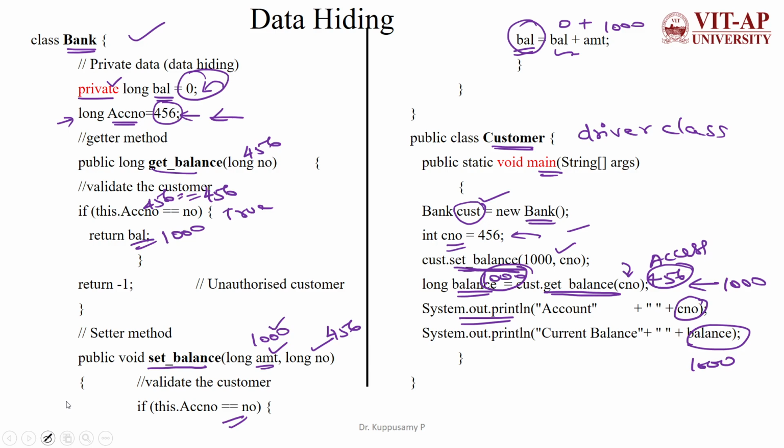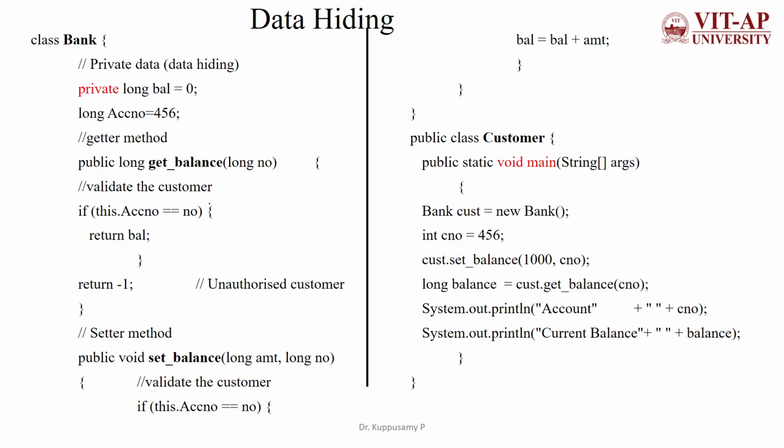What we have to observe is that the variable value BAL is hidden from the user. You cannot access the BAL value inside the Customer class, because BAL is a private variable and cannot be accessed outside the class. So we are hiding the value of BAL inside the class Bank.